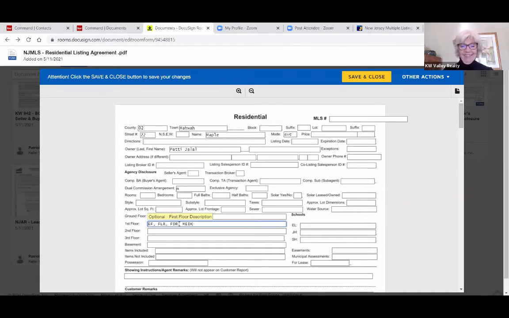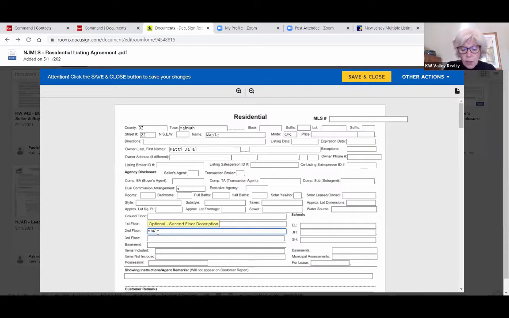I know. Okay. And then the second floor would be bedroom, bedroom, bedroom, master bedroom. And you could put ensuite or master bath.